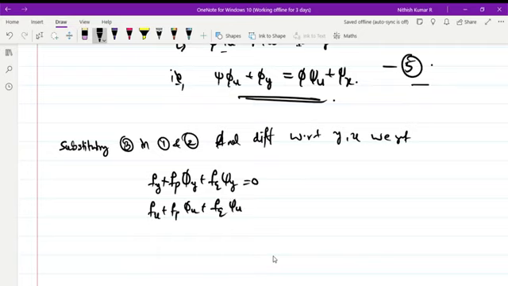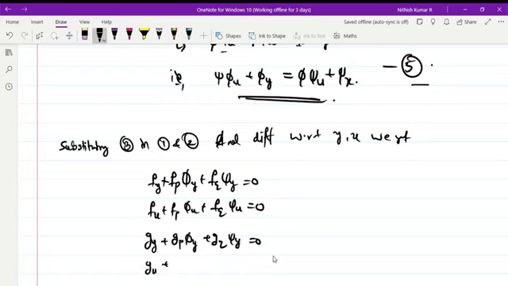and differentiating partially with respect to y, we know f_y plus, again f is a function of p, so it is f_p into p with respect to y, but we know that p is nothing but phi, and q is xi.